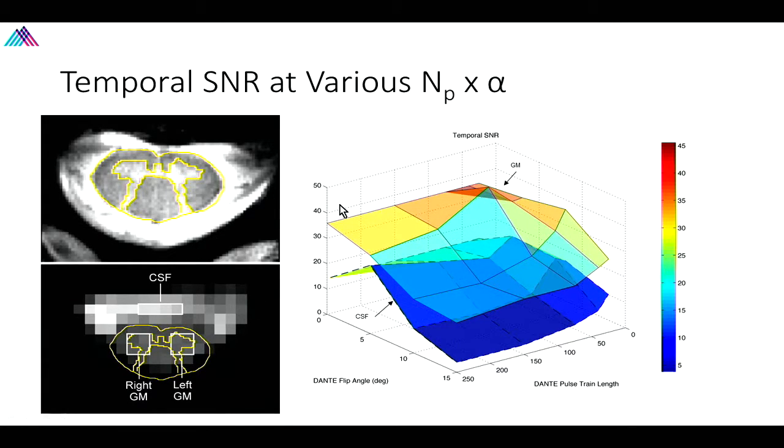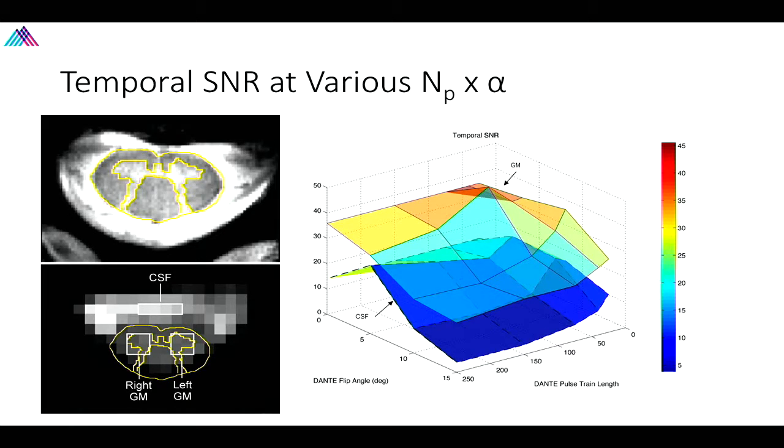So next we looked at the temporal signal-to-noise ratio. Because these are a series of 100 images, the temporal SNR is the SNR of the time course of signal in every individual voxel. So this is much more of a concern in the gray matter than in the CSF. We know that the CSF signal pulsates, so it'll be fluctuating throughout the scan. And this means that it'll have low temporal SNR to begin with.